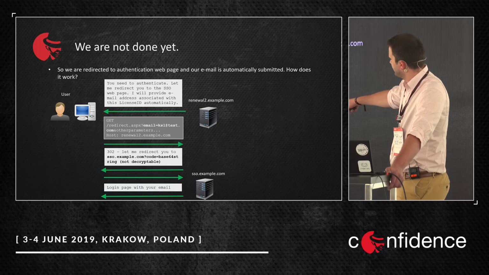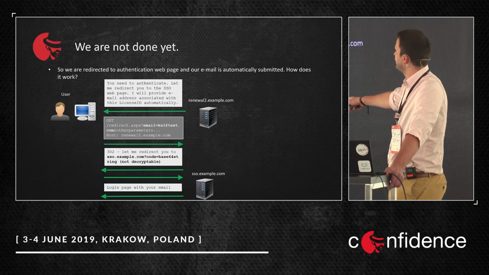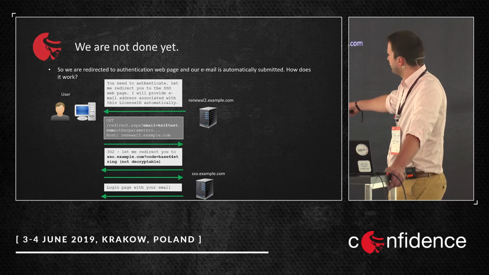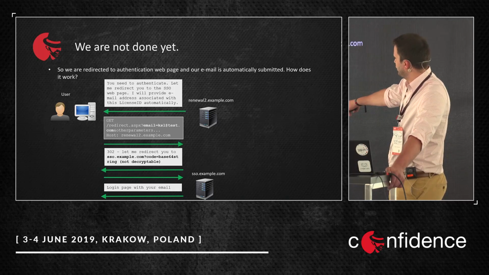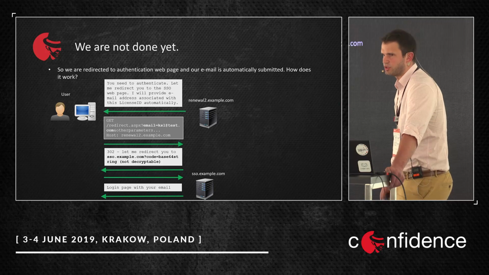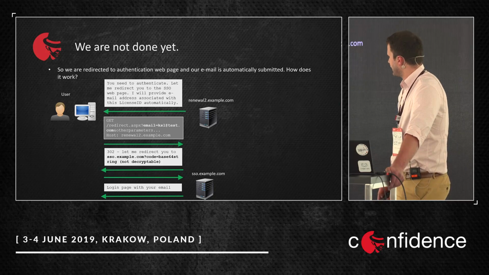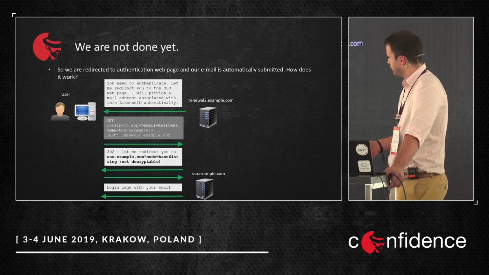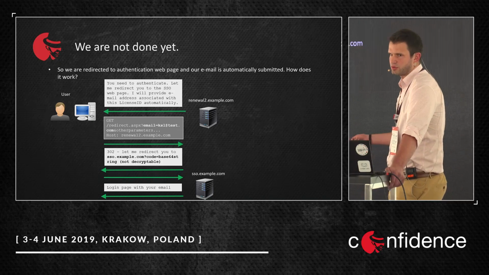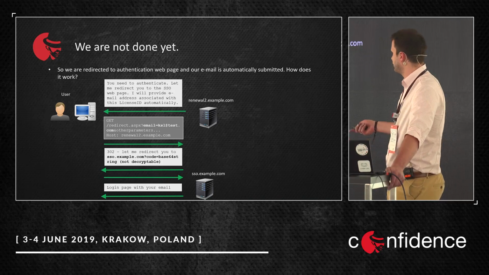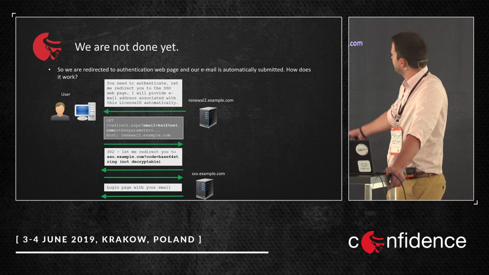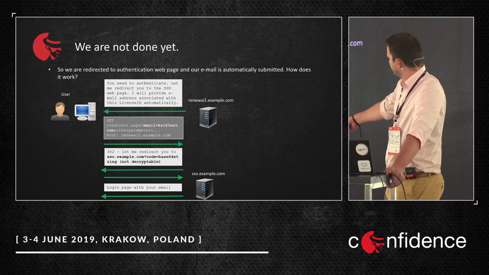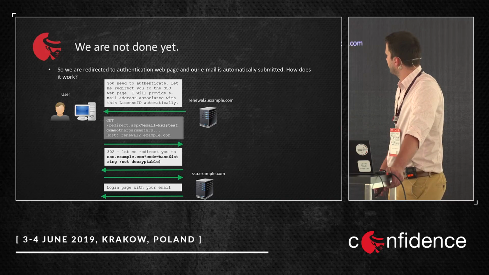Then the server responded with a redirection to the single sign-on web page, and some information was encoded in a base64 string. This base64 string couldn't be easily decrypted. You were able to decode it, but you were not able to get information. However, the last step returned the login page with your email.